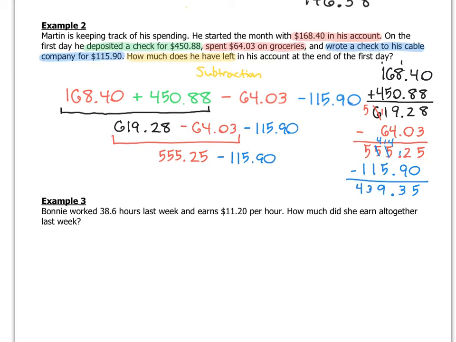And so I get an answer of 439.35, which means that Martin has $439.35 left in his account.